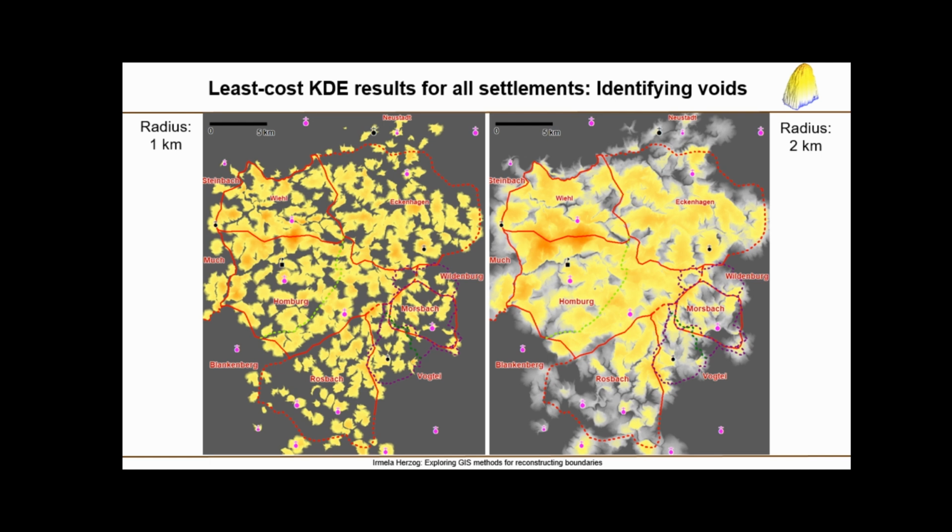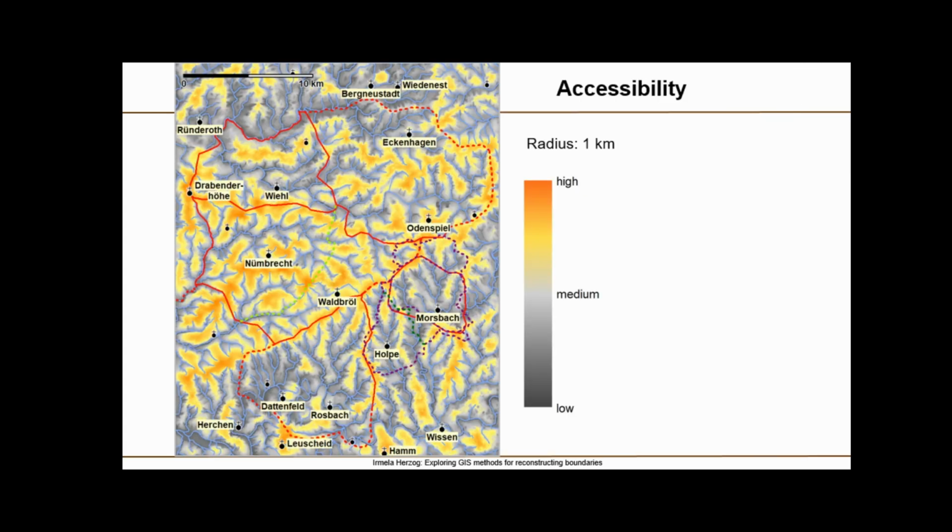There is an empty area here, for example. If you apply this least cost kernel density estimation for a grid of locations, then this results in accessibility maps, and the accessibility maps really were the things I liked best for boundary reconstruction.